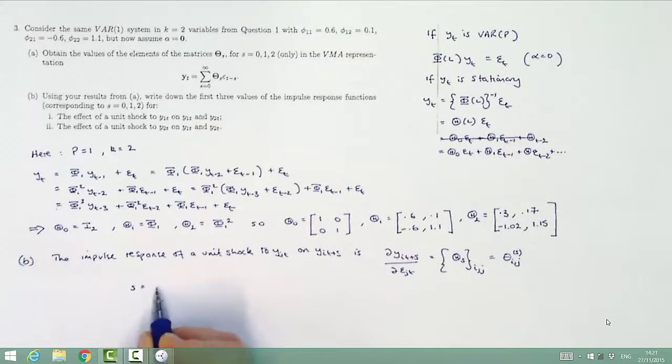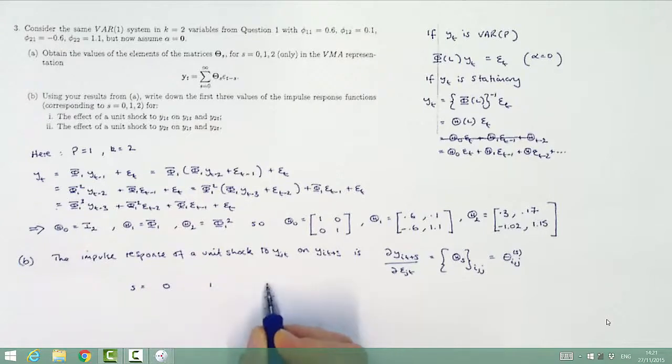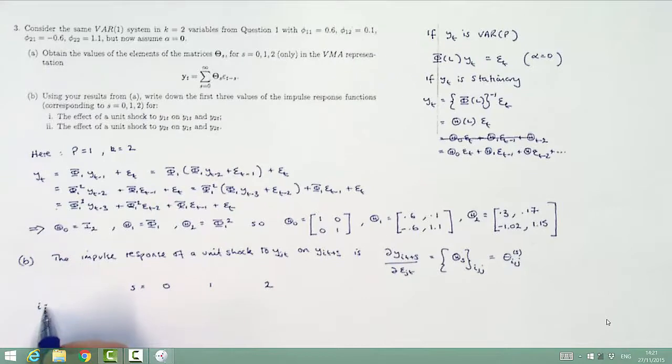So we can make a little table, putting the value of s across the top, and then the values for i and j down the side here.